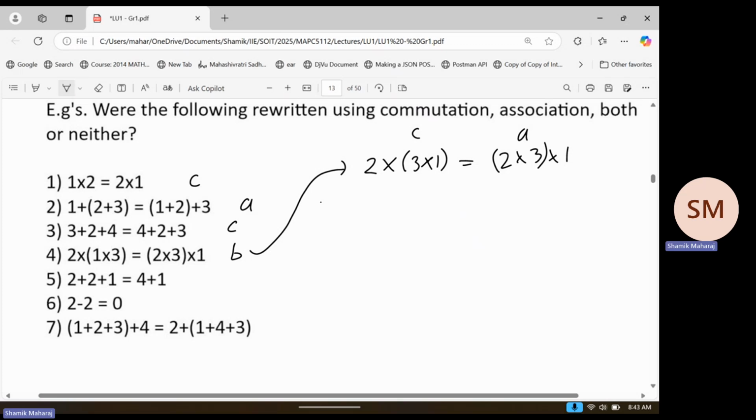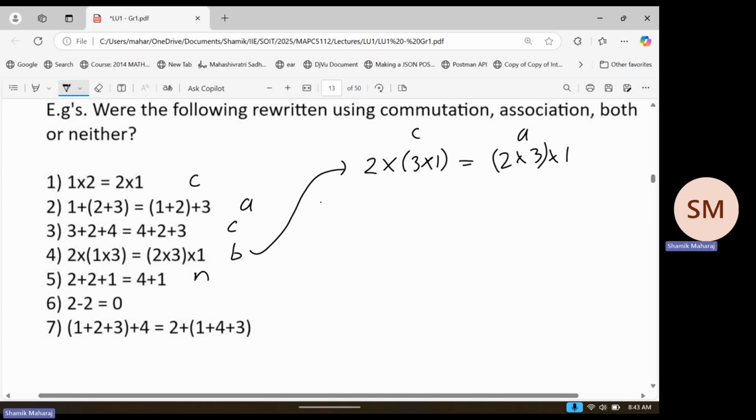All right. So what about 5? I would say neither, right? So nothing really happened that puts it in the category of commutation, association, or both. So neither.